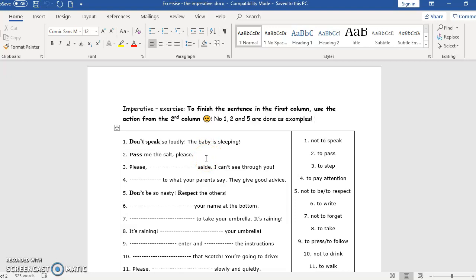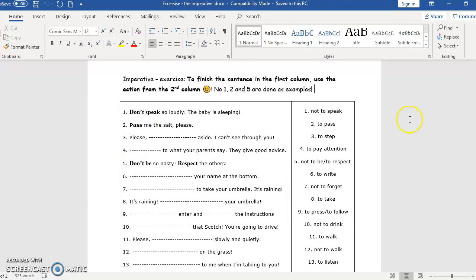You ask them, please pass me the salt, or pass me the salt, please. Okay? And here number 5, because you have here not to be and you have to respect. And there were two gaps in that sentence. Don't be so nasty. Respect the others.